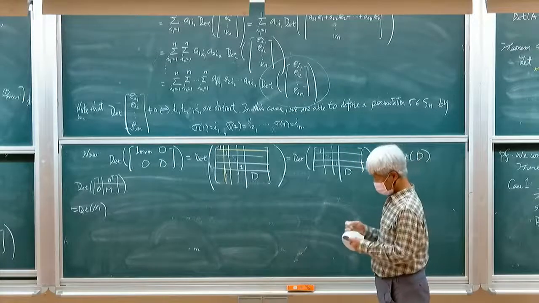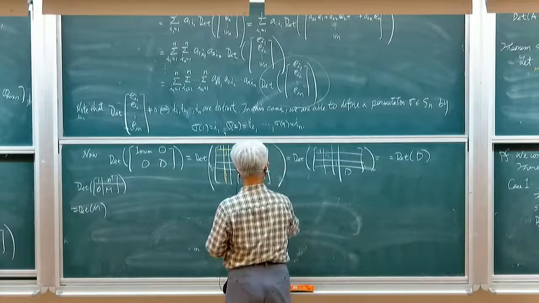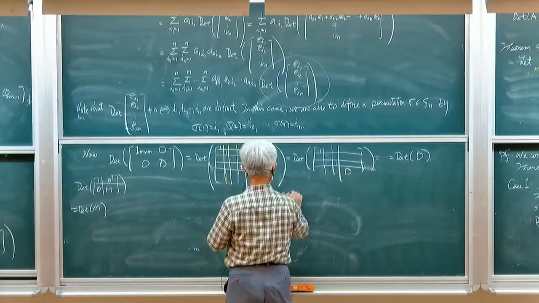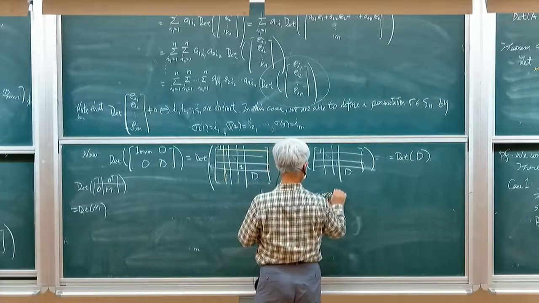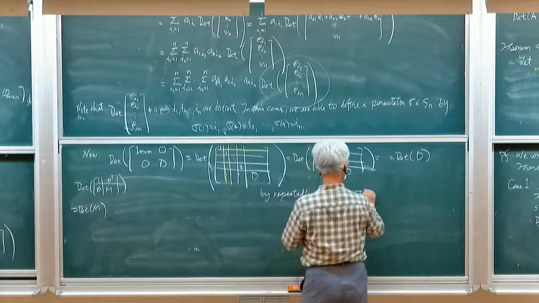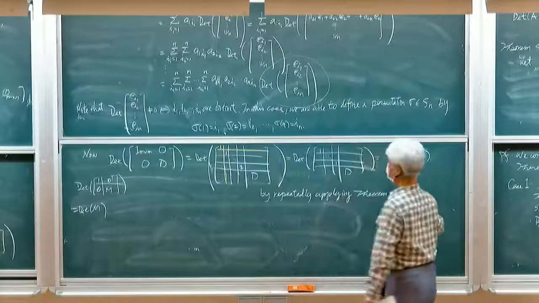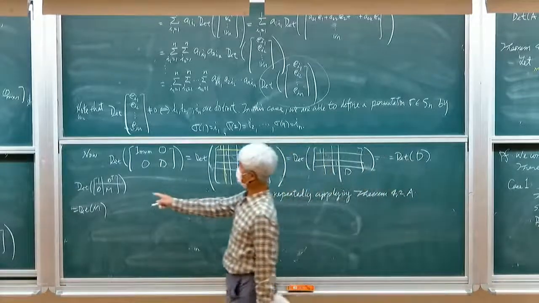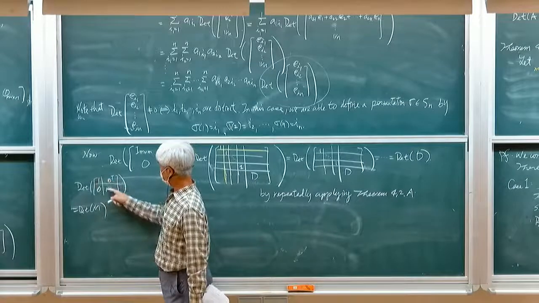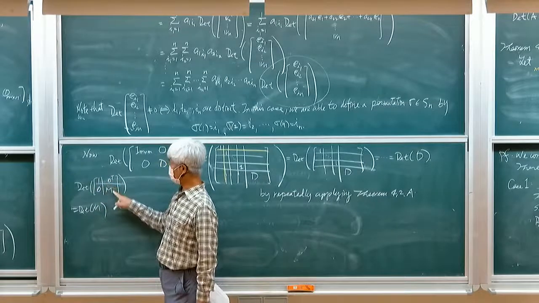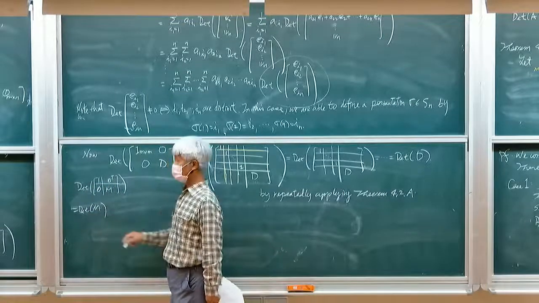This is by repeatedly applying Theorem 4.2.a. Whenever we can move the matrix into this type, the determinant of this matrix is equal to the determinant of M only.